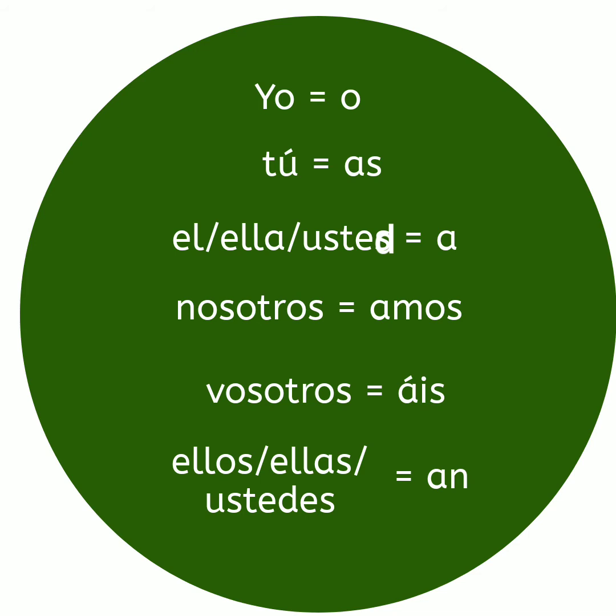The conjugation for yo is o, for tú is as, for él, ella, usted is a, for nosotros it is amos, for vosotros it is áis, and for ellos, ellas and ustedes is an.